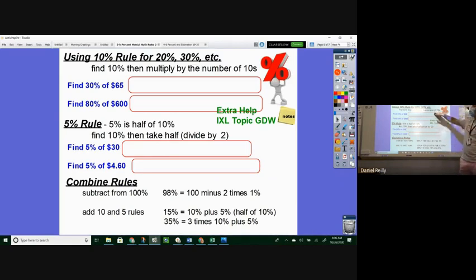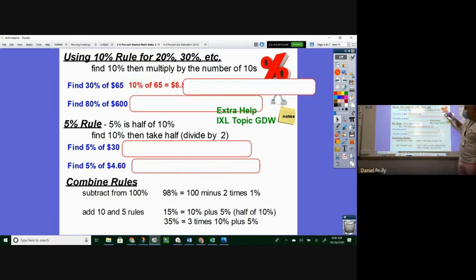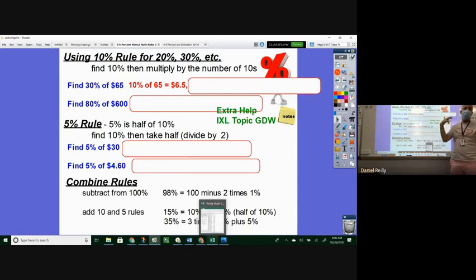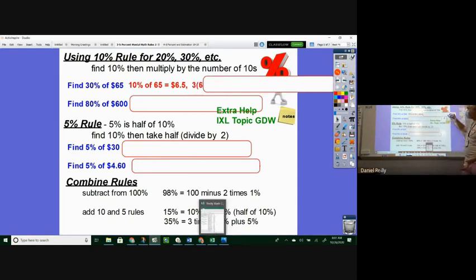To find 30% of a number, you find 10%, that's just moving the decimal point, and then you multiply by 3. 6.5 is 10% of 65, and then you multiply this by 3. And again, this is that 1 digit times 2 digit multiplication that you should be able to do.